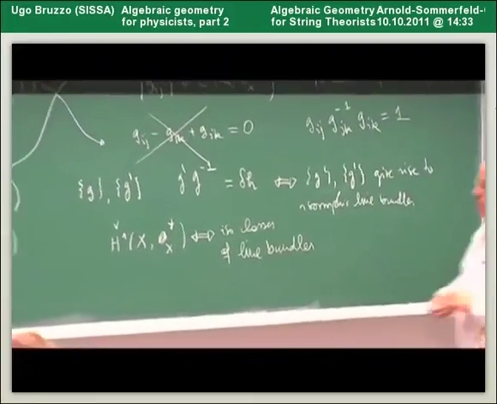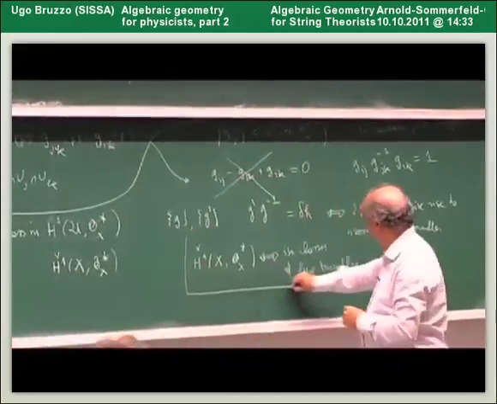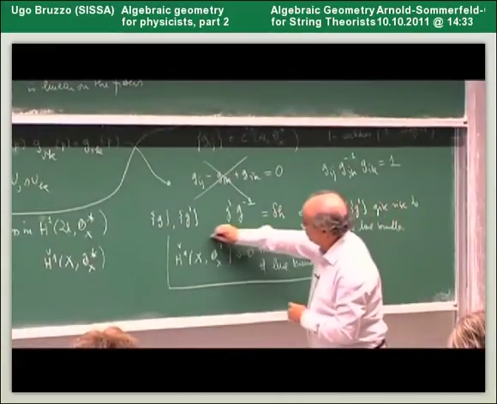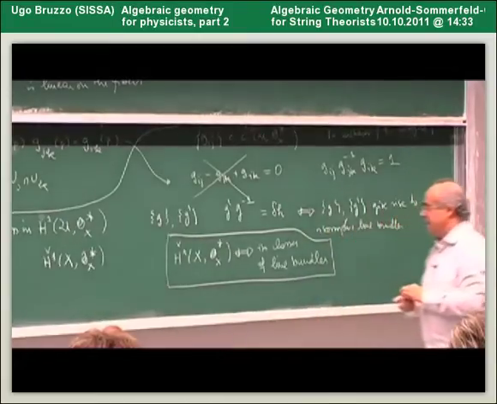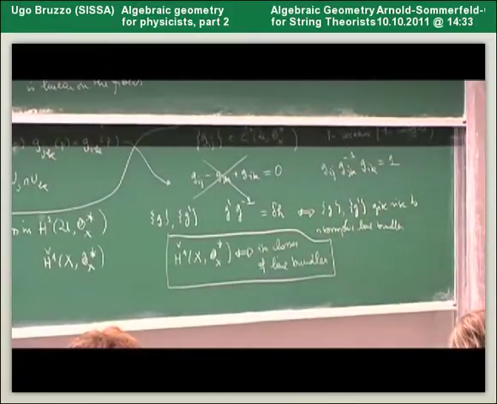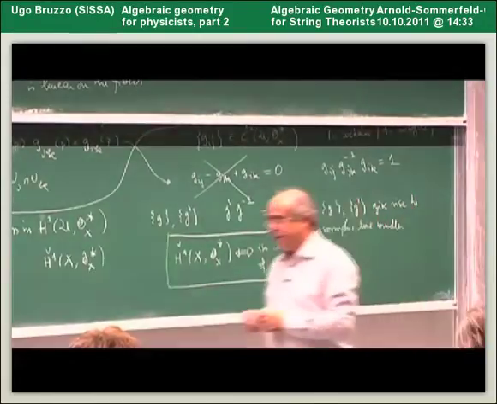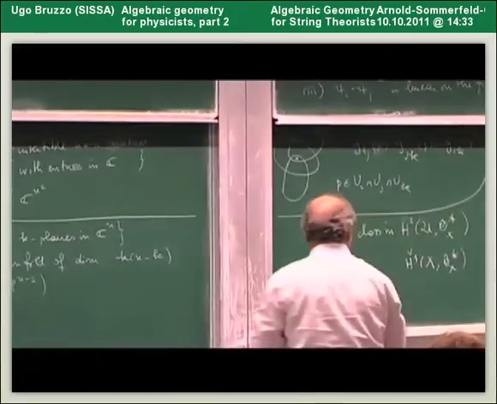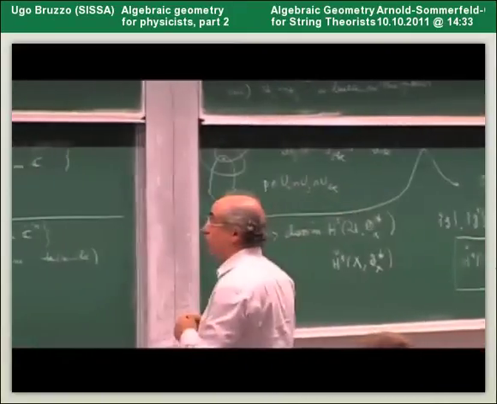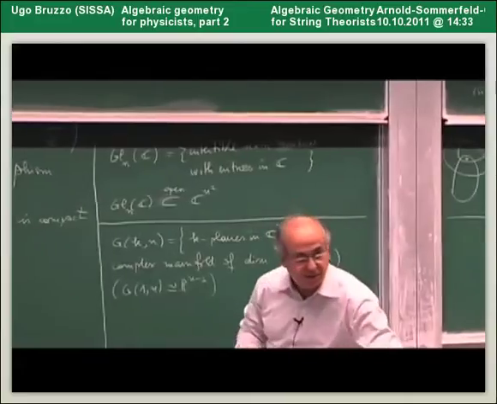Okay, so this is a very important thing to do. And now we start putting pieces together because I want to use the long exact sequence in cohomology to study this situation.